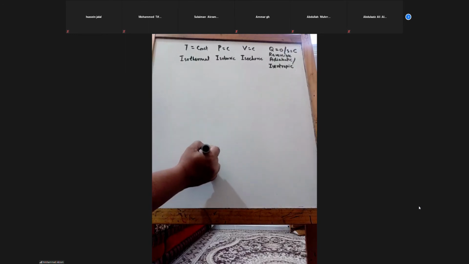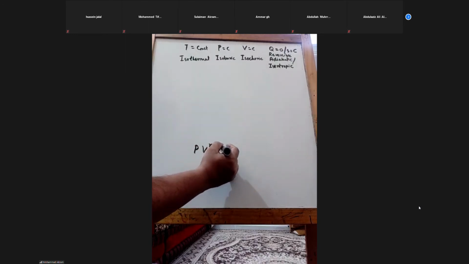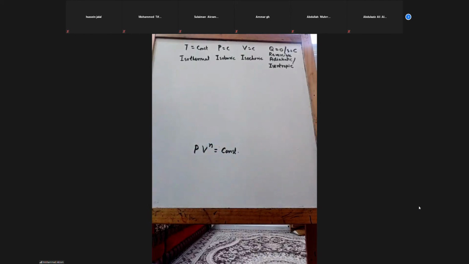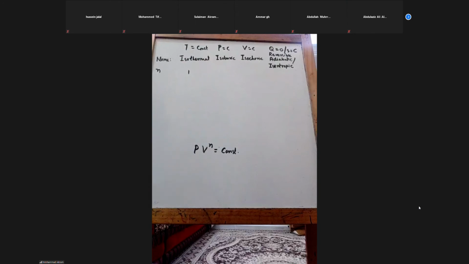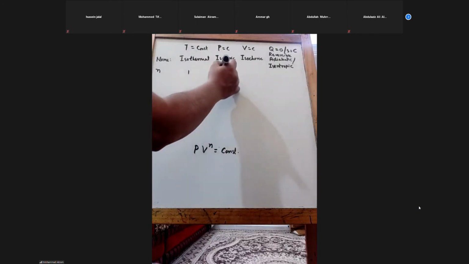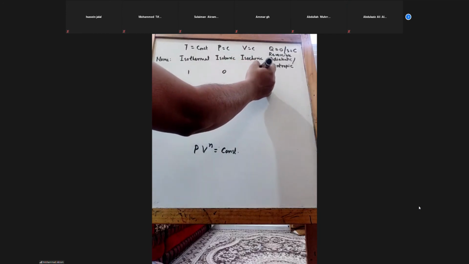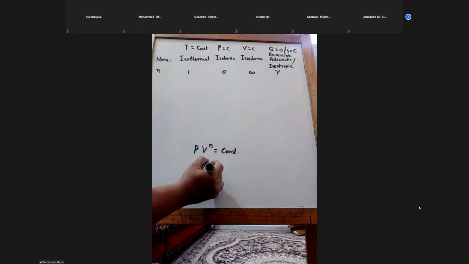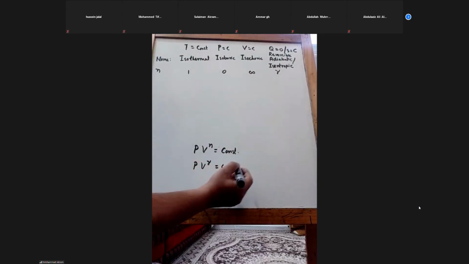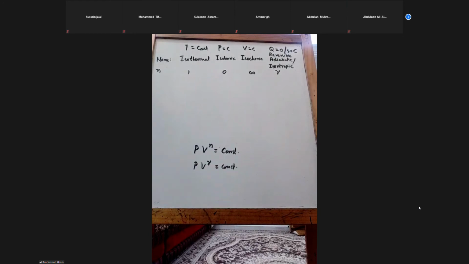In ideal gas, we have seen PV raised to N is equal to constant. And this value of N for isothermal process is 1. For constant pressure process, it is equal to 0. This is infinity, and here it is the value of gamma. That means for isentropic, PV raised to gamma is constant. What is gamma?